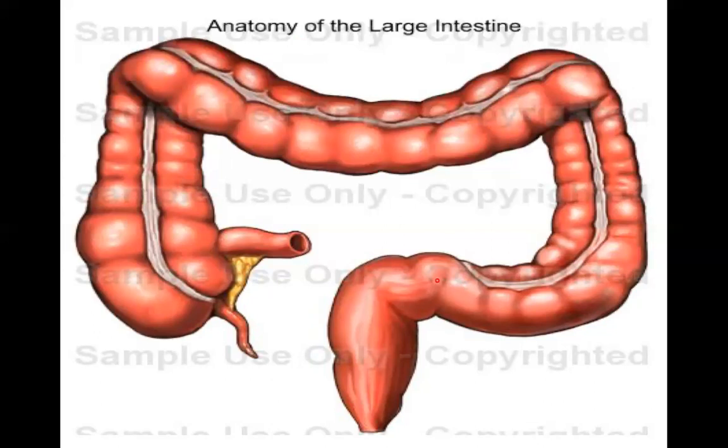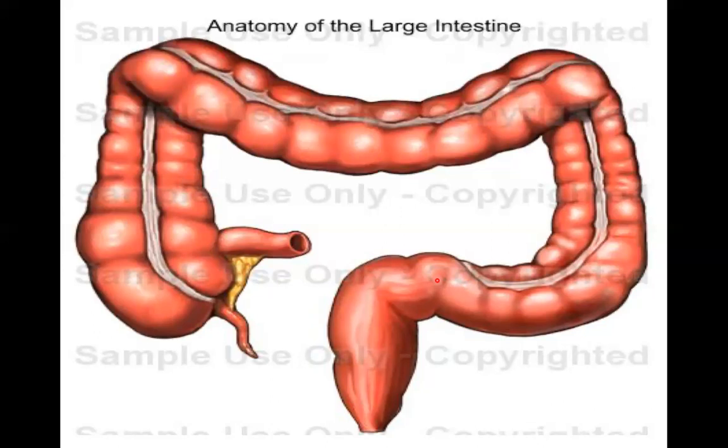The arrangement is like this. Also, one characteristic anatomical feature that distinguishes the large intestine from the small intestine is small pockets of peritoneum that cover it anteriorly.